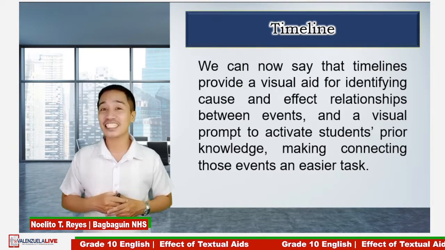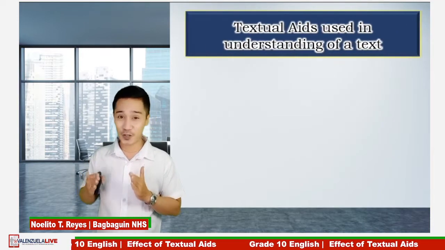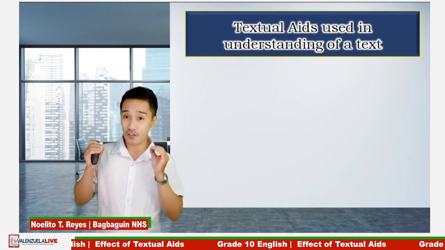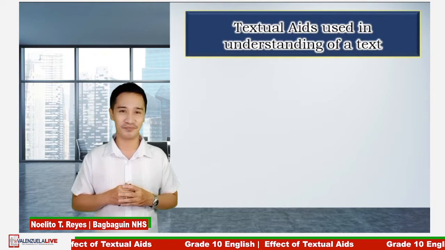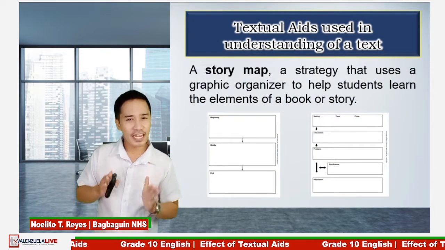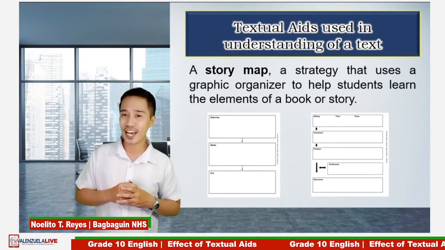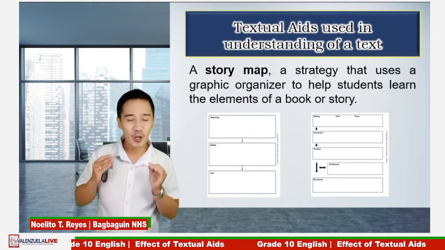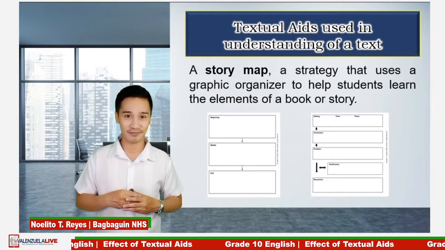Again, the textual aids that we can use in understanding of a text are as follows. A story map, a strategy that uses graphic organizer to help students learn the elements of the story.